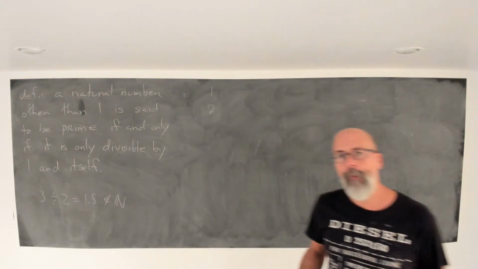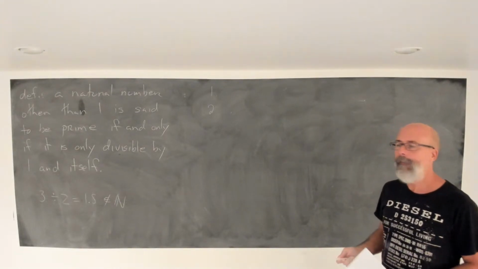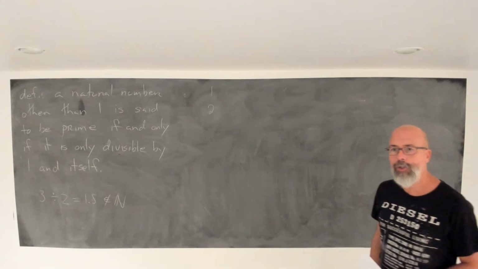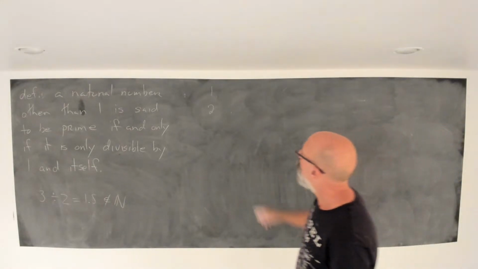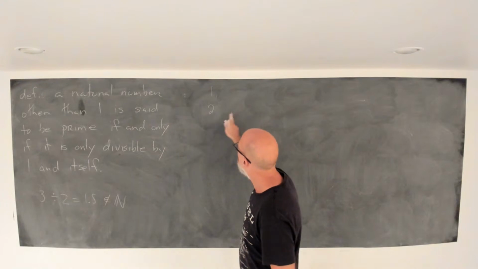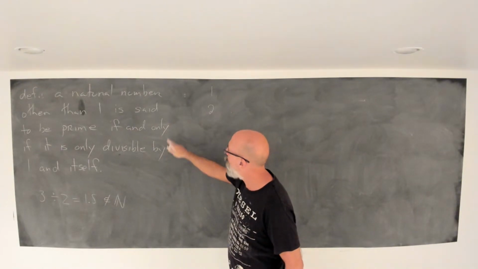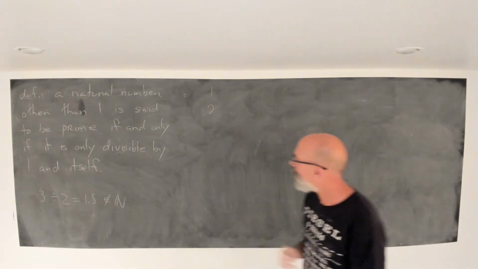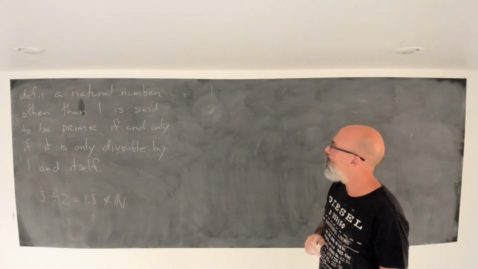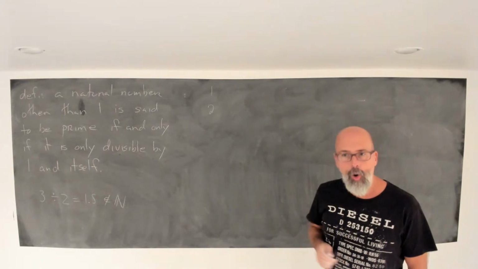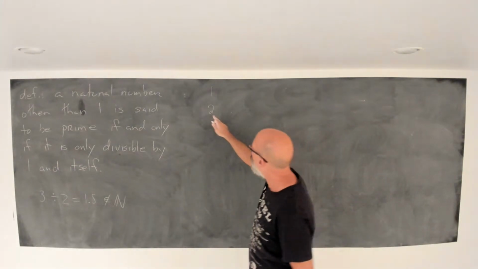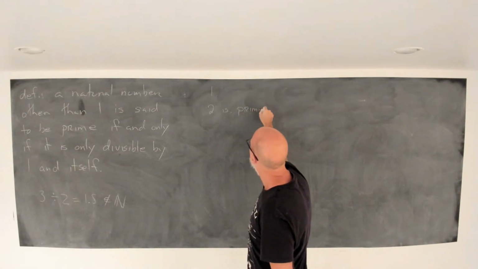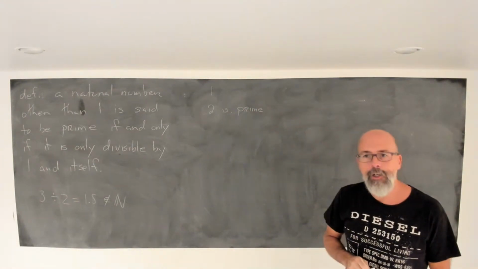Is 2 a prime number or is it composite? Can we decompose 2 as a product of numbers different from 1 and 2? Or similarly, what are the numbers that divide 2? It's only 1 and 2, so 2 is a prime number.